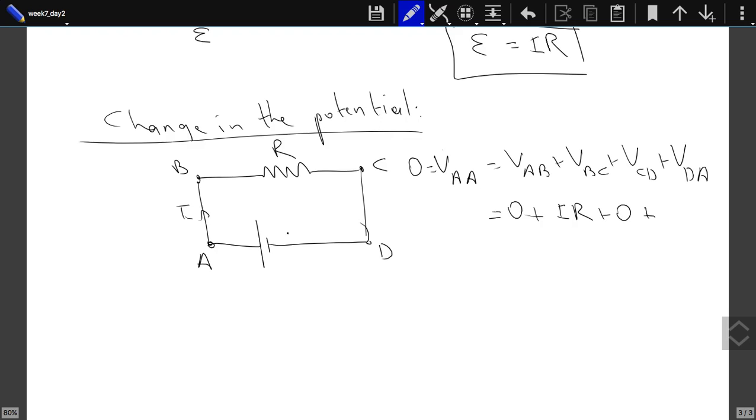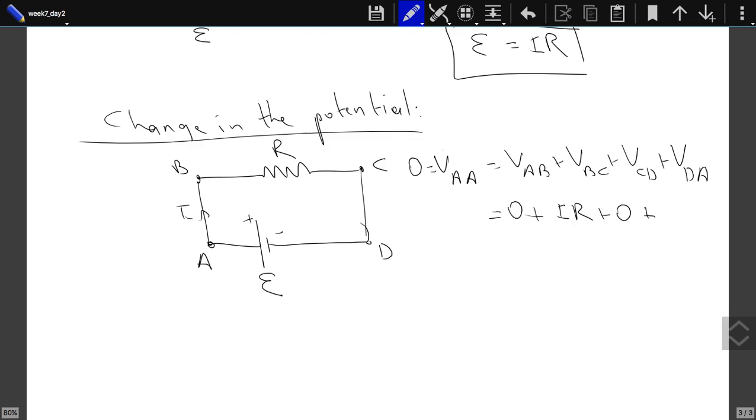Between the point D and A, epsilon or minus epsilon. Remember, I'm writing down the potential drops. So the positive terminal of the battery is at a higher potential. So the potential increases from D to A. So there is a potential increase by epsilon.